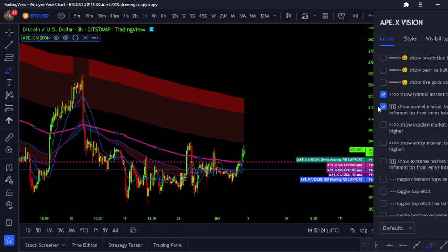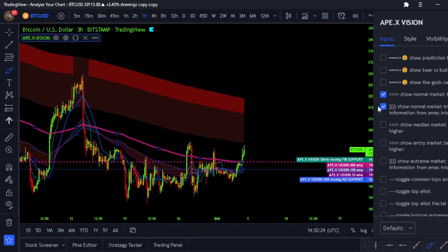We can go to the daily, and we can see the EMAs display their own trading information. Right now we've got the bearish cross over here, so it's not looking too good, but we can go for support right about here, or a different level as the market trades down.